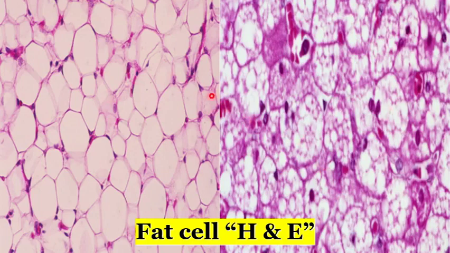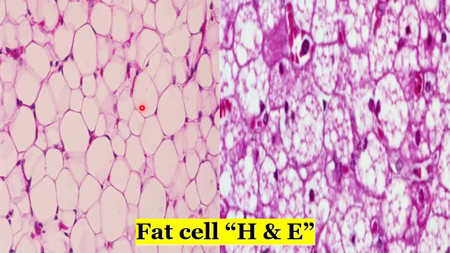In H&E staining, fat droplets appear as empty granules. These empty granules make a signet ring appearance. Why? Because fat is dissolved during the preparation of the slide. So fat cells appear like that.